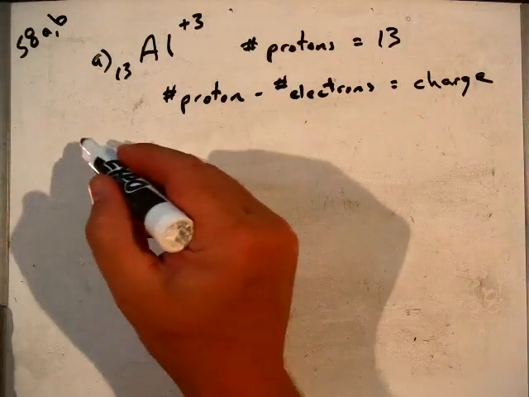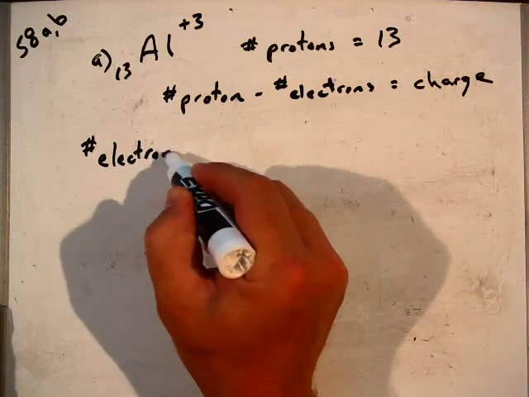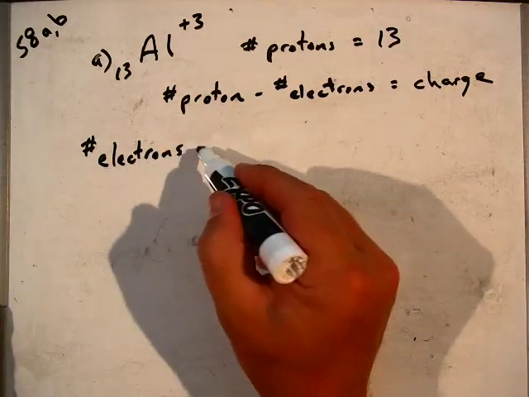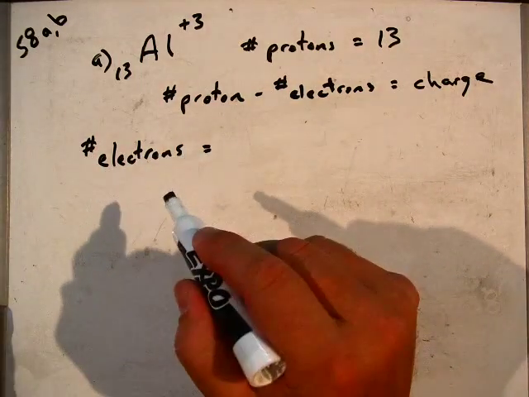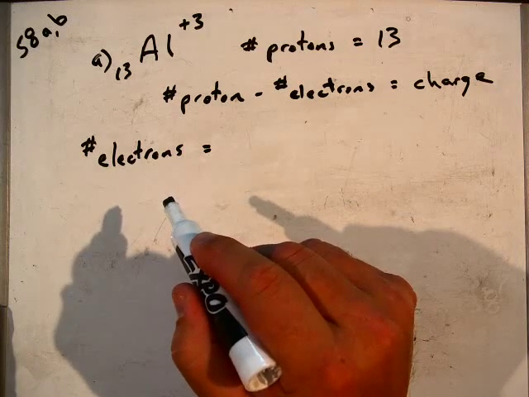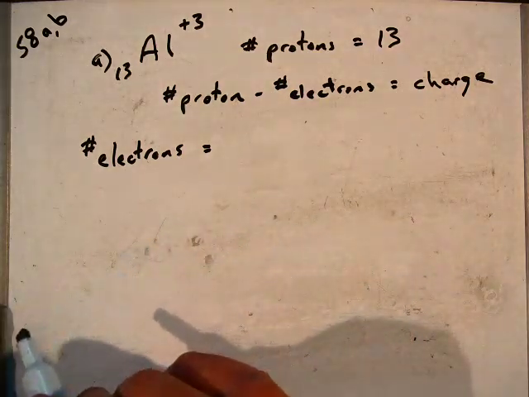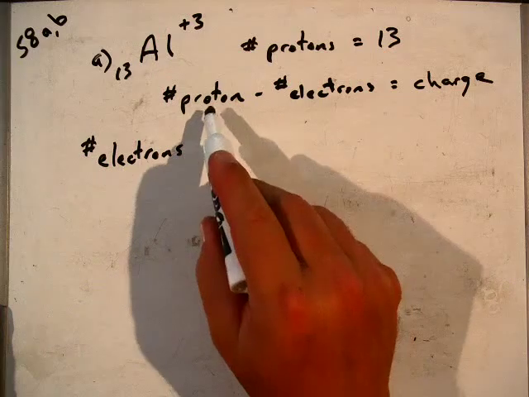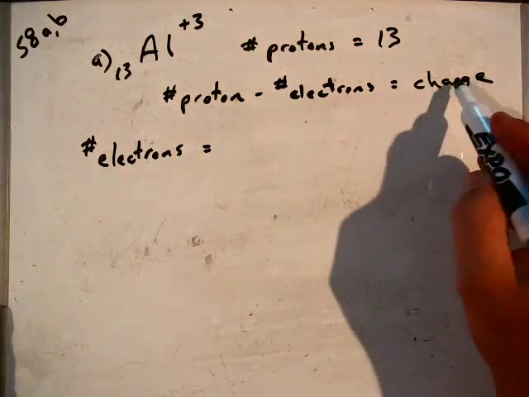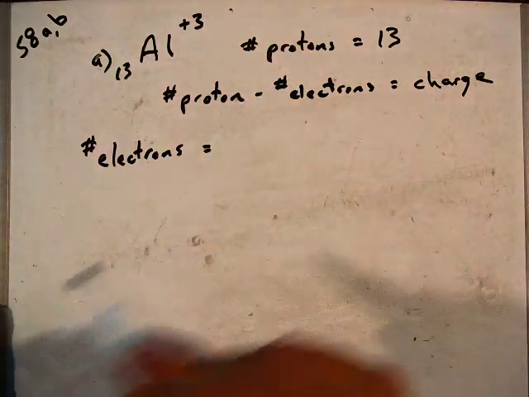So if we rearrange this equation, we have the number of electrons is going to be equal to the protons minus the charge, right? Because if we bring protons over to the other side, we have charge minus protons, but then we have to get rid of that minus sign.